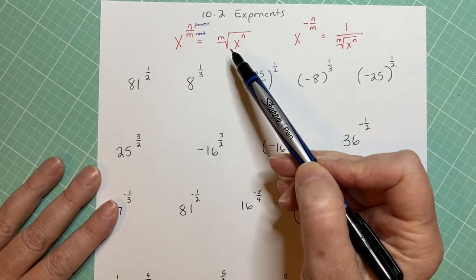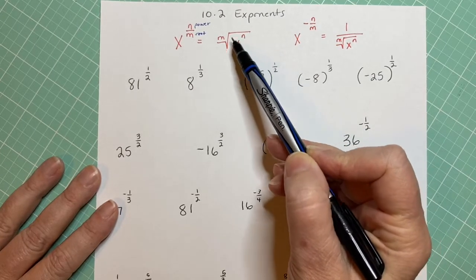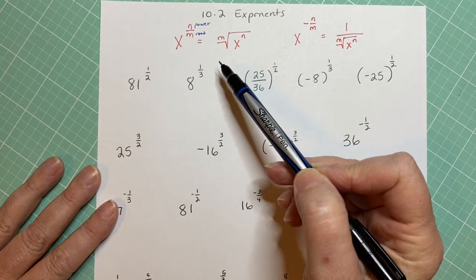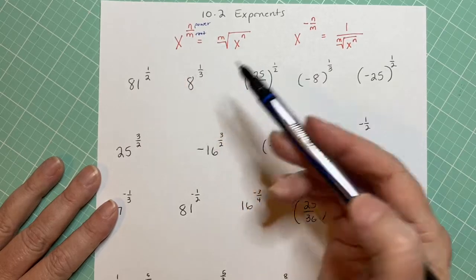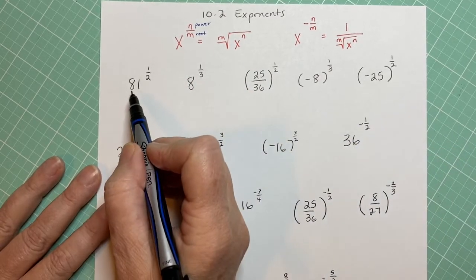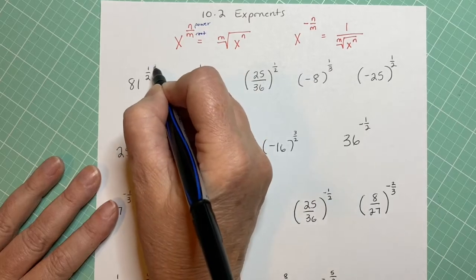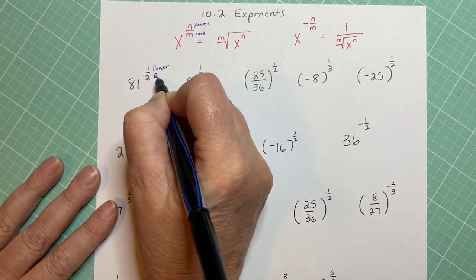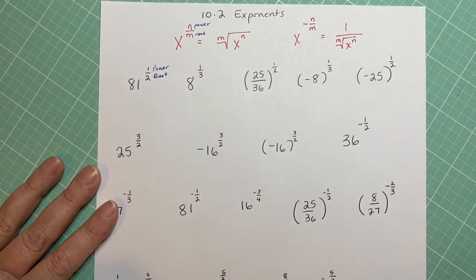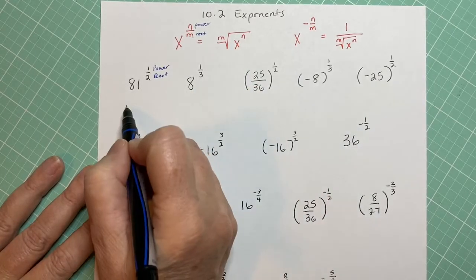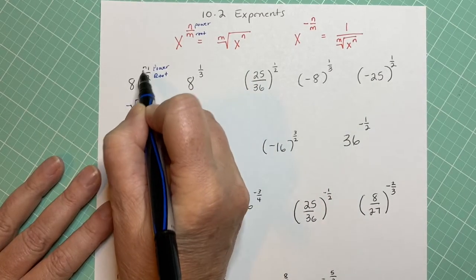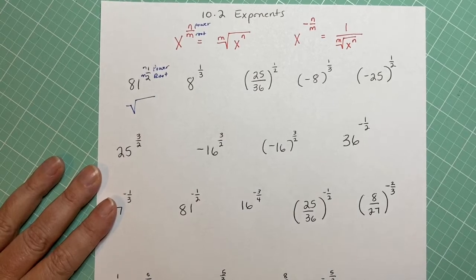And you see that this is x to the nth power all to the m root. So top is power, bottom is root. So when we look at 81 to the 1/2, this top number is your power and this bottom number is your root. So we're going to use this to switch it up, or this is your n and this is your m.